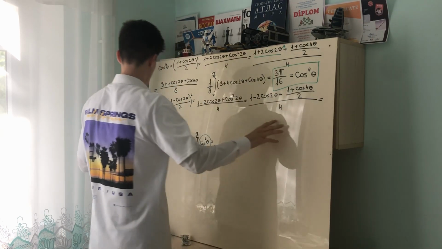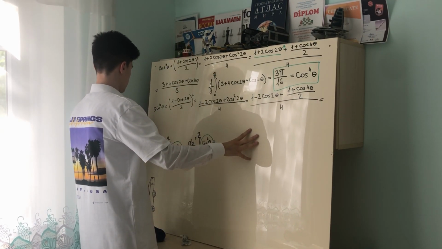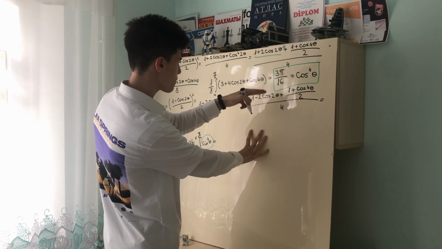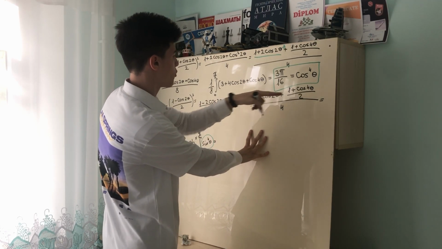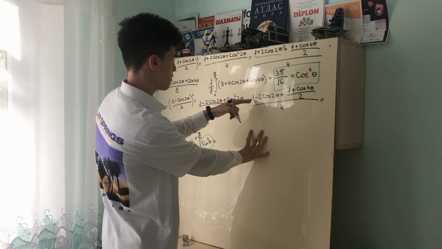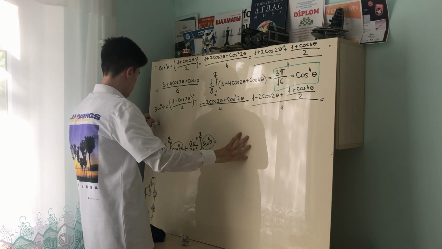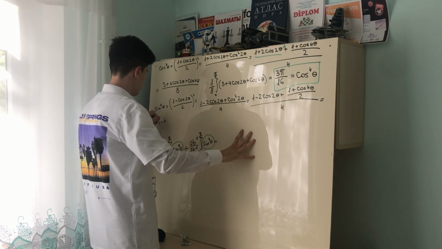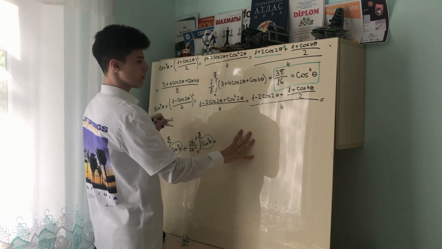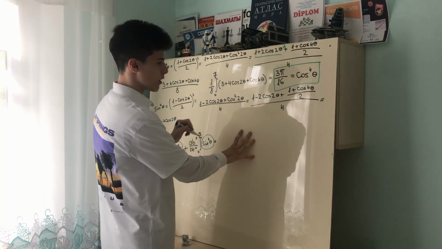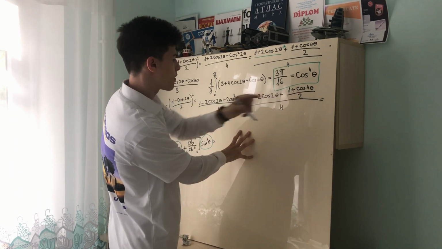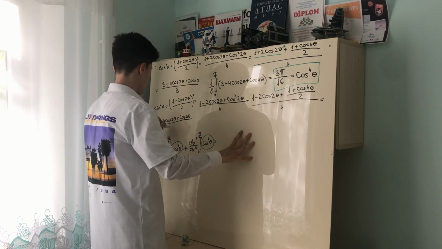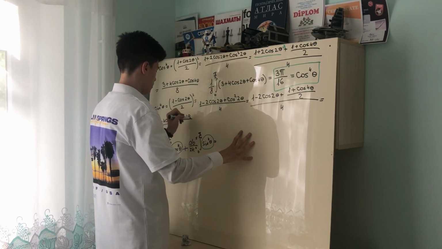And again, when we multiply this expression by 2 in order to get the common denominator, we'll have 2 plus 1, which is 3, minus 4 cosine 2 theta plus cosine 4 theta over 8. Yes.